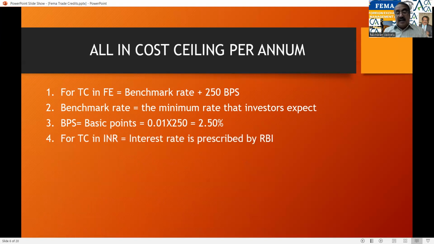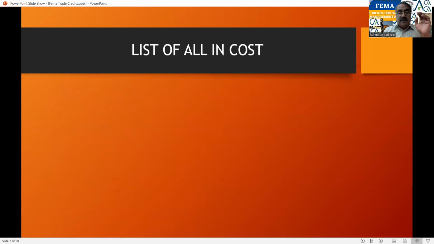And trade credit can also be done in Indian rupee. Trade credit can be done in FCFC, that is freely convertible foreign currency, as well as in INR. If that is the case, then RBI will fix the interest rate. This is a very, very important thing. But if the trade credit is in foreign currency, foreign exchange, then it is the benchmark rate plus 2.5%.